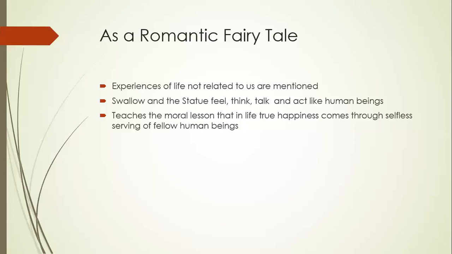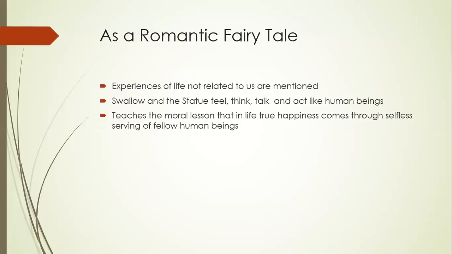Then the swallow goes back to the statue, and the next day it takes a round of the city, and then at night it comes to the statue and tells the statue that now it is time, the swallow is going to leave for Egypt soon.